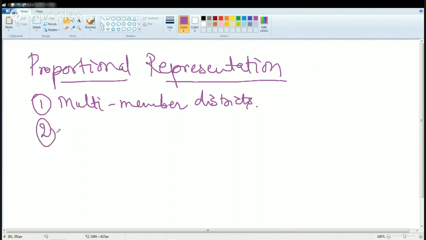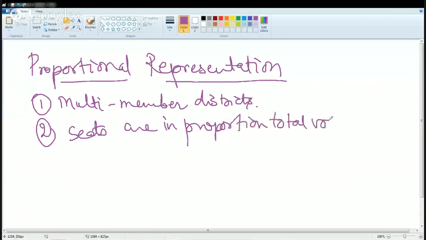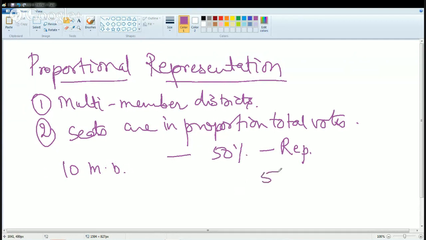And second, in this case, seats are in proportion to the total votes. So for example, there is a 10-member district, and 50% of votes go to Republicans. What does that mean? 5 of the 10 seats will go to Republicans.